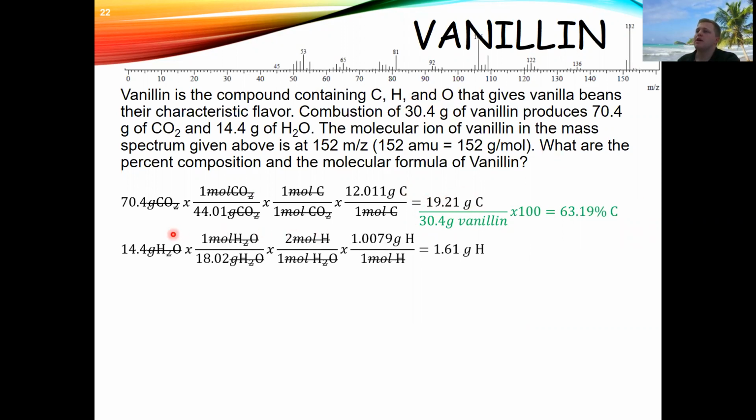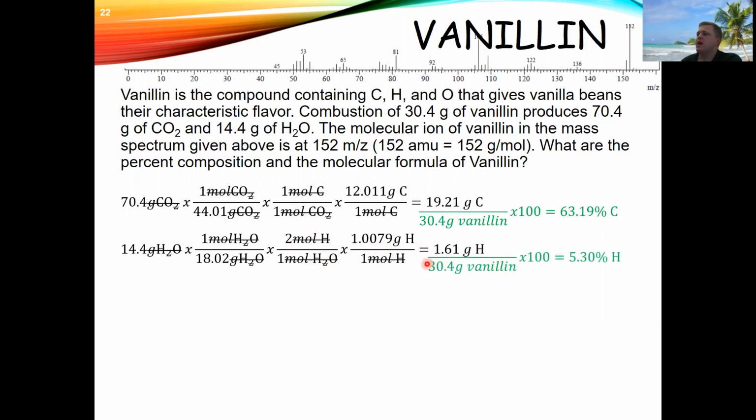Next, we got to figure out the percent composition of the hydrogen. So we'll take the mass of water we got from combustion, divide by the molecular weight of the water, multiply by the mole ratio between hydrogen and water. So that will give us a value of 2. And then we will multiply by the atomic weight of hydrogen to find that we got 1.61 grams of hydrogen.